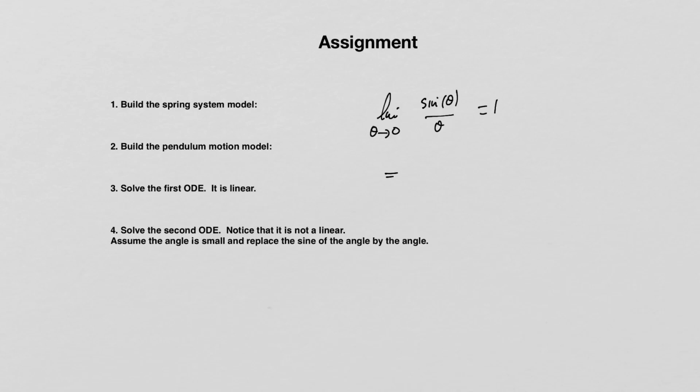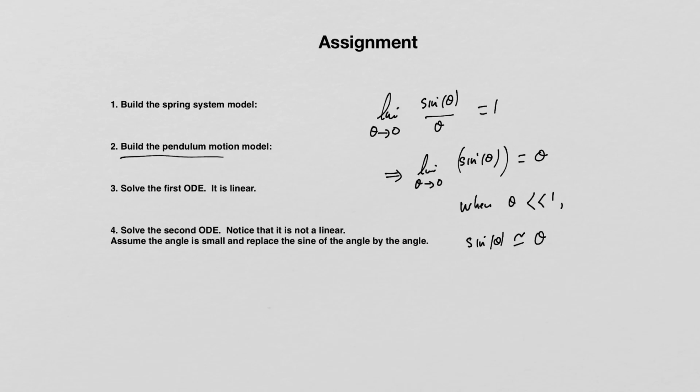You can also say it this way: the limit as theta goes to 0 of sine theta equals theta, which means when theta is very, very small, sine theta is approximately theta. So we're going to go to this differential equation and replace sine theta by theta to make the ODE linear, and then try to solve it. That's what I'm trying to say here, okay?